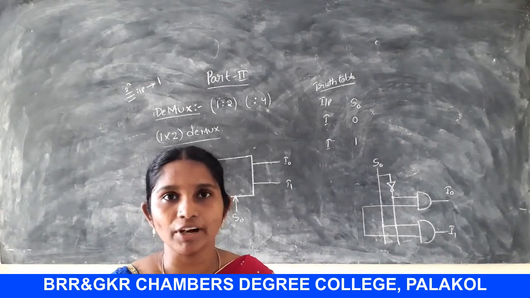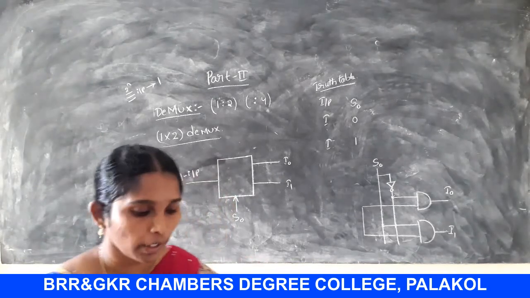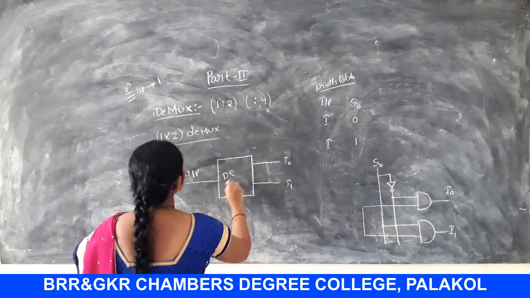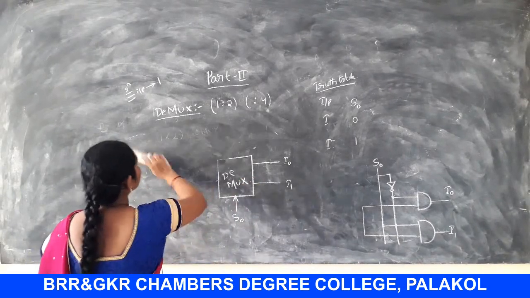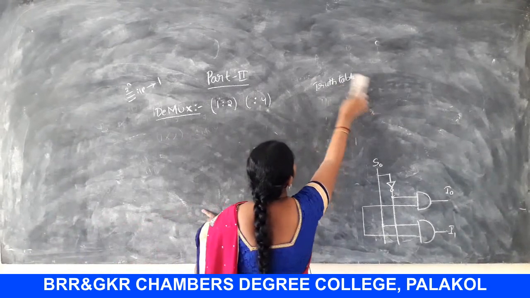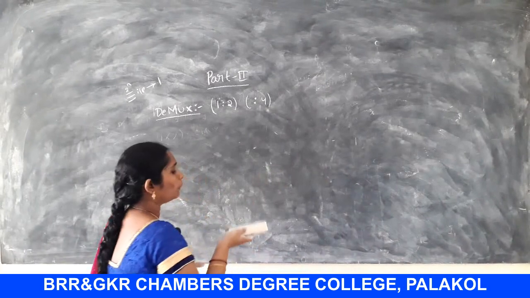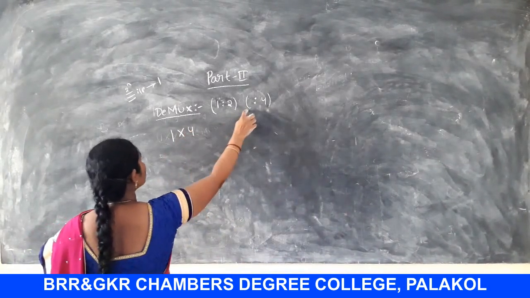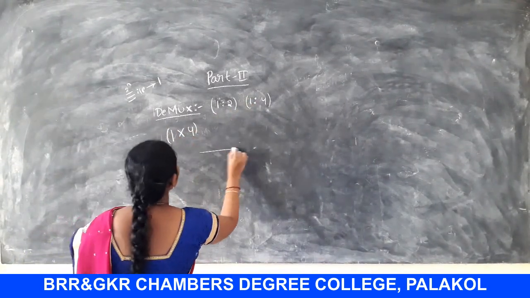You have to apply one input and it produces the 4 outputs, depending upon the selection lines. So, this is demux 1 cross 4.